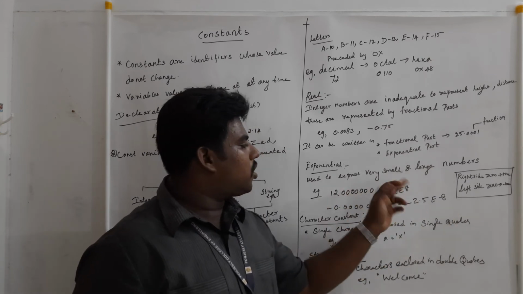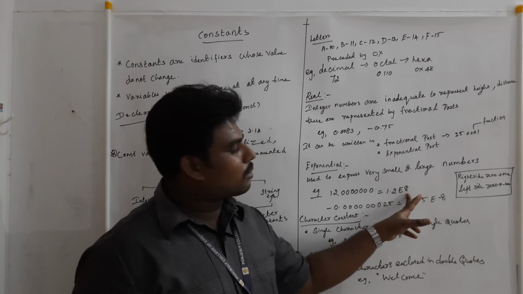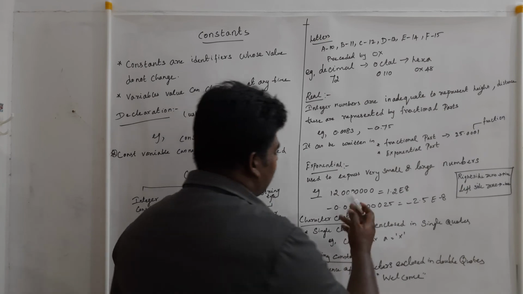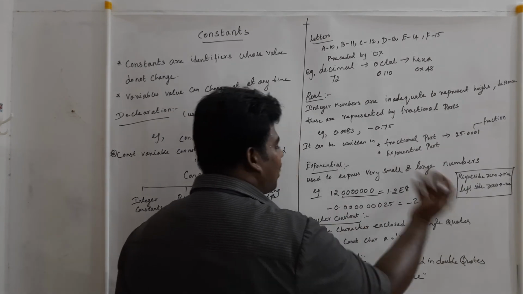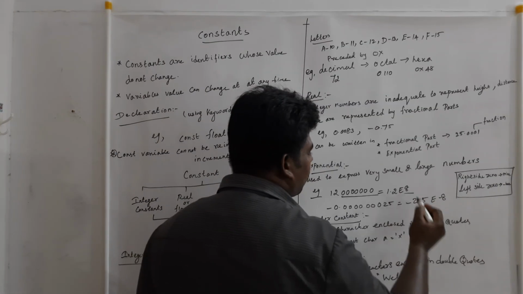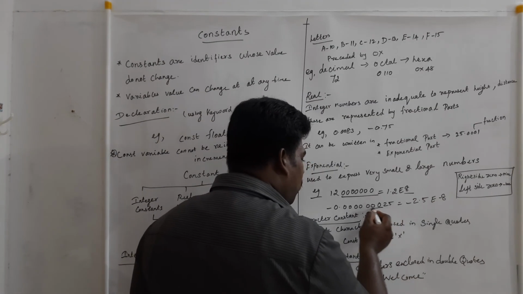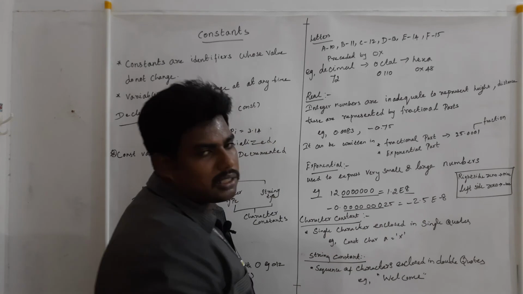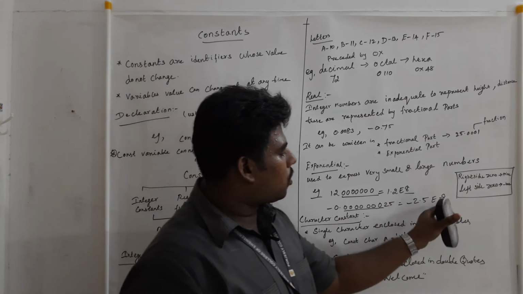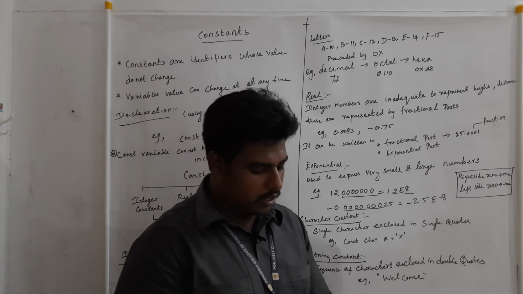If zeros are coming on the right side, your exponent is positive. Here, right side zeros after the numbers, so we can put e power 8. Here, before the number zeros are preceded, the prefix zeros are there, so you have to put a minus exponent.